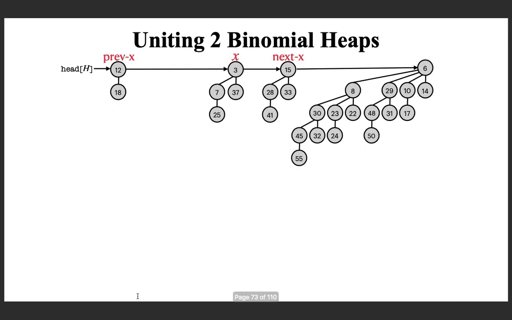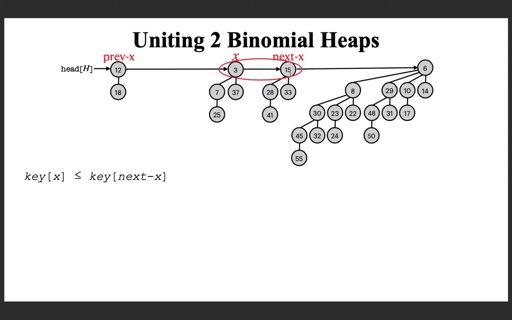Now we are done with the case where we can move right, and here is a case where you cannot move right. If you look at the current node and the next node, they both have the same degree 2. So what you do depends on which one has the least value. Here key of x is the least value, key of x is less than or equal to key of this node.